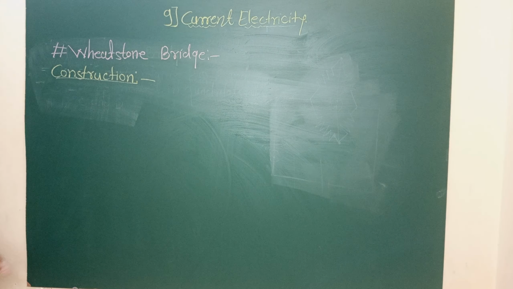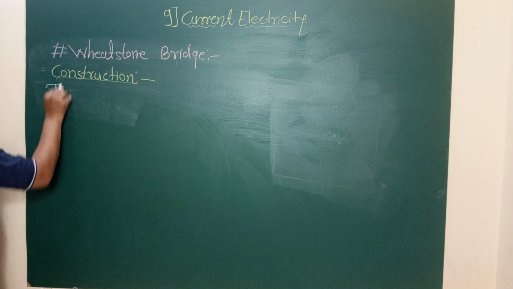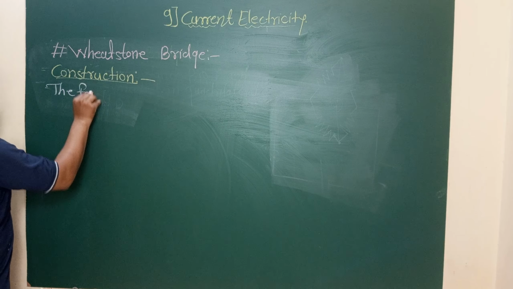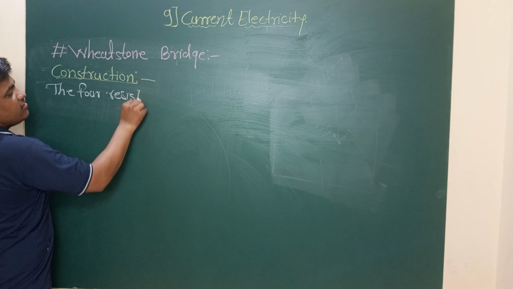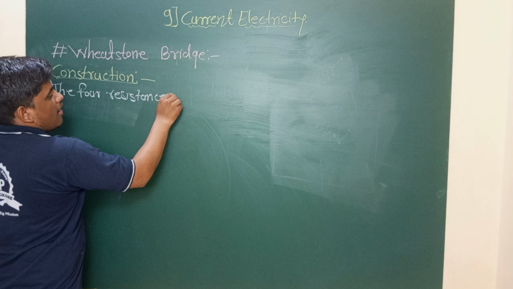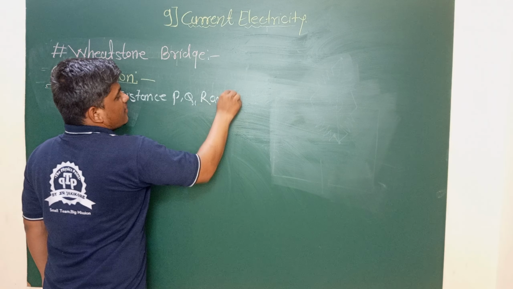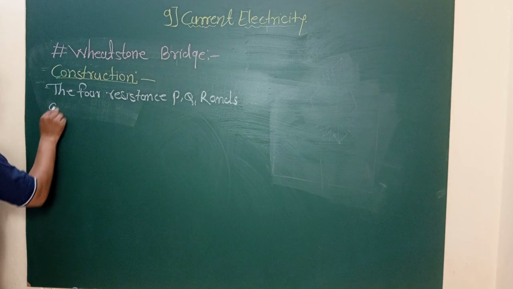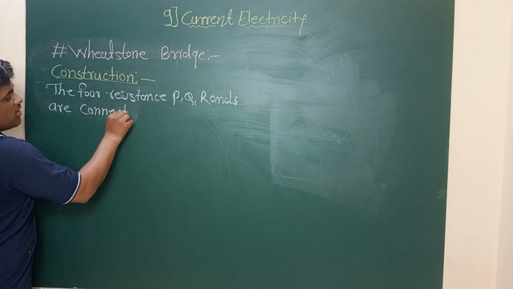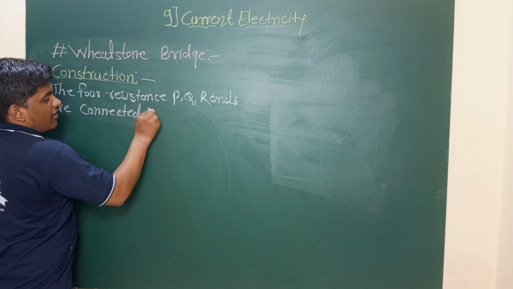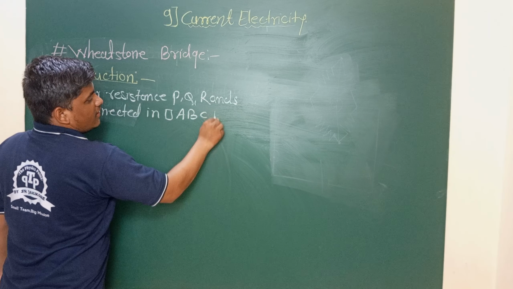The four resistances P, Q, R and S are connected in a quadrilateral A, B, C, D.